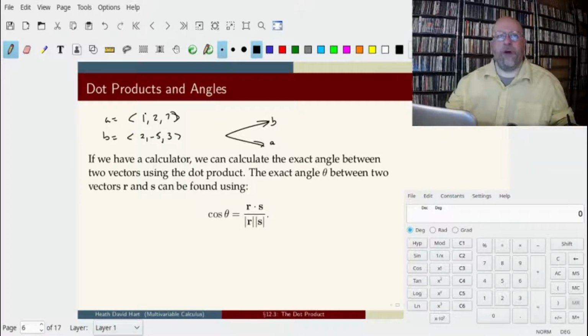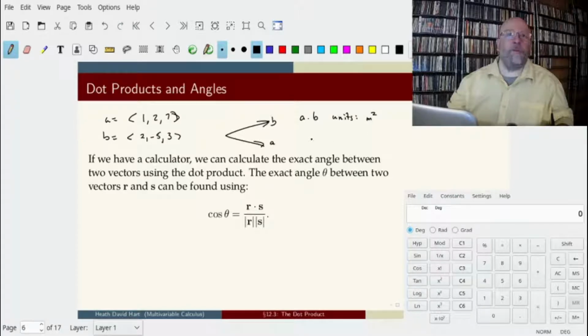And so when I multiply these together, I'm taking 1 meter times 2 meters, and 2 meters times -5 meters, and 7 meters times 3 meters, and adding them together, and the dot product's units are meters squared.